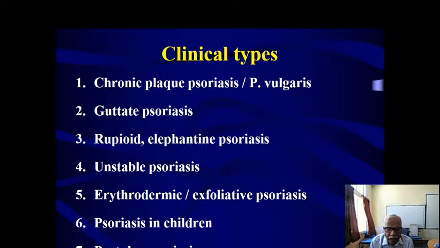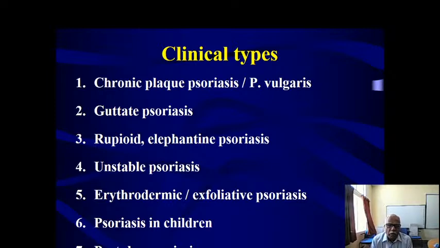Sometimes they regress and again they appear or increase in size, or there is progression of the disease from the chronic plaque to arthritis. That's called unstable psoriasis.